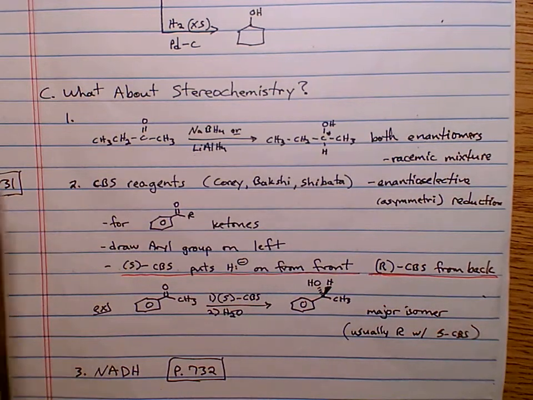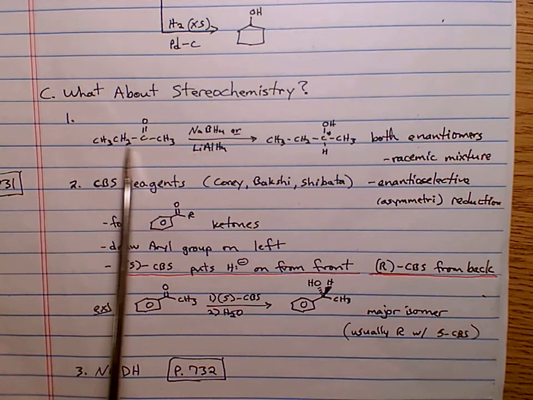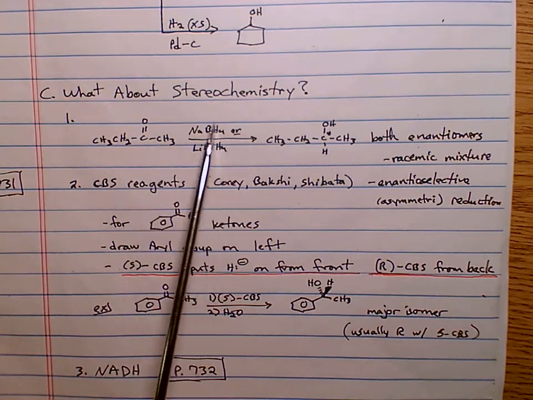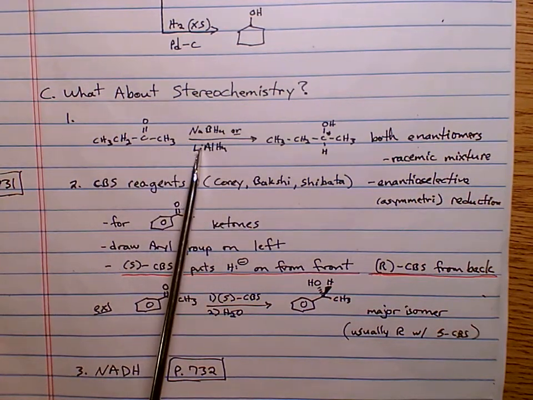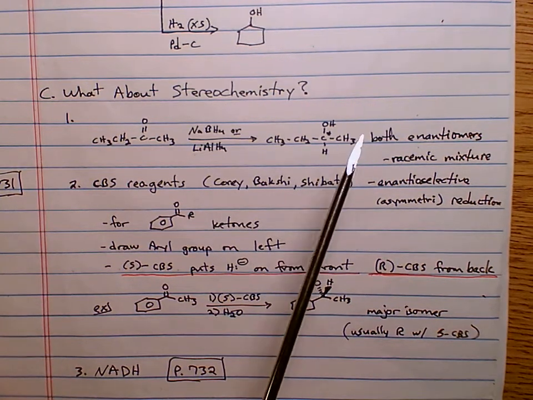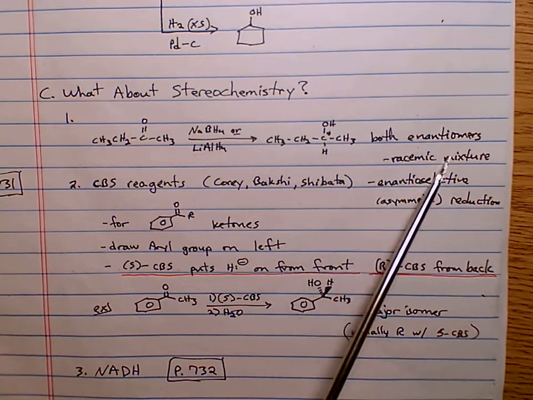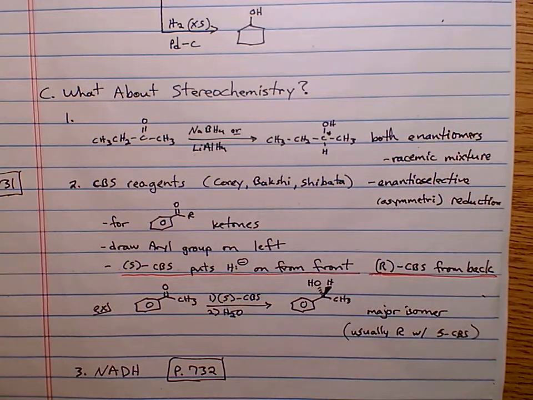It is a chiral carbon, which means since there were no chiral carbons here, this is not optically active. This is not optically active, but our product, we generated one chiral carbon, which means it has a non-superimposable mirror image. We must get the racemic mixture of these two.